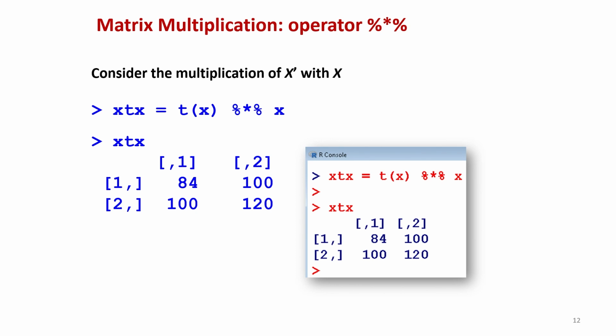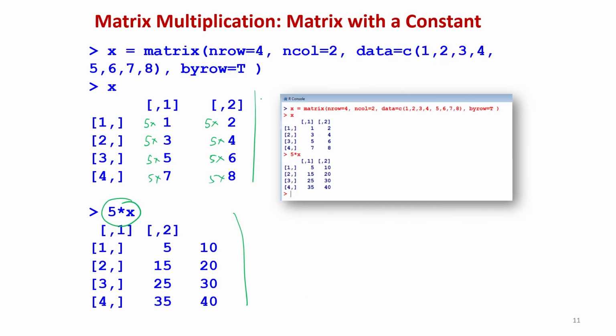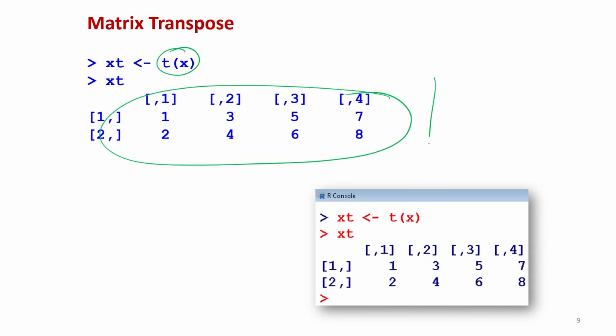Now I want to show you one more thing: if you want to multiply two matrices. We know that if A and B are two matrices, the multiplication is possible only when A is of order m by n and B is of order n by p. That is, the number of columns in A and the number of rows in B must match. This matrix X is of order 4 by 2, and the transpose of X is of order 2 by 4.